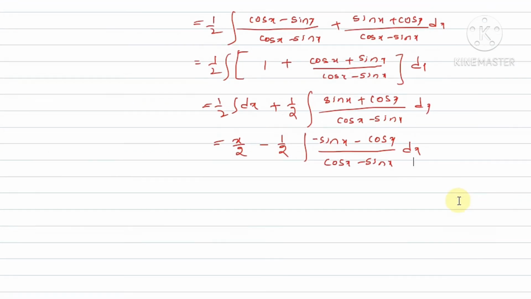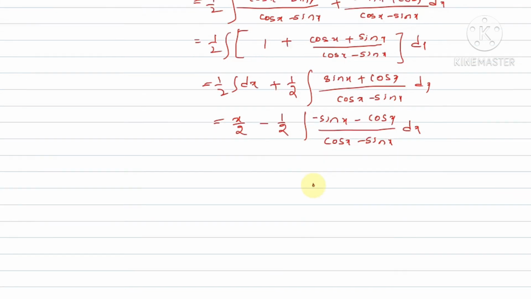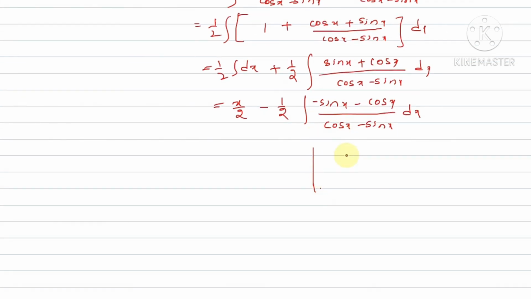Now make substitutions. Let cos x minus sin x equal to t. Cos x derivative is minus sin x, minus sin x derivative is cos x, so dx is equal to dt, clear.